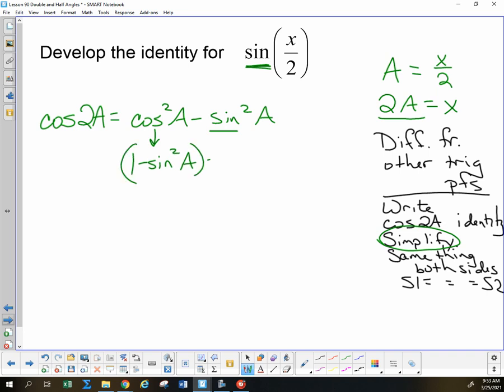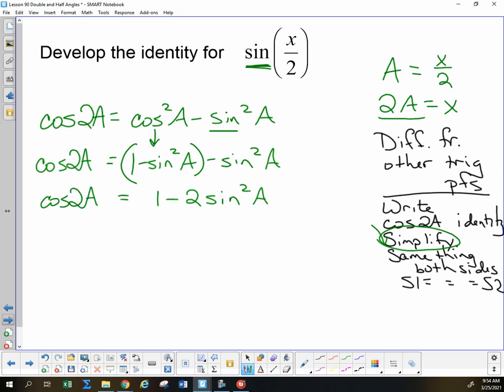So I replace that, and I keep the minus sine squared a the same, and this time I'm keeping both sides all the way down, so that equals the cosine of 2a. Then I notice that I have minus sine squared a minus sine squared a, so this side is really 1 minus 2 sine squared a. So that's just a simplification.